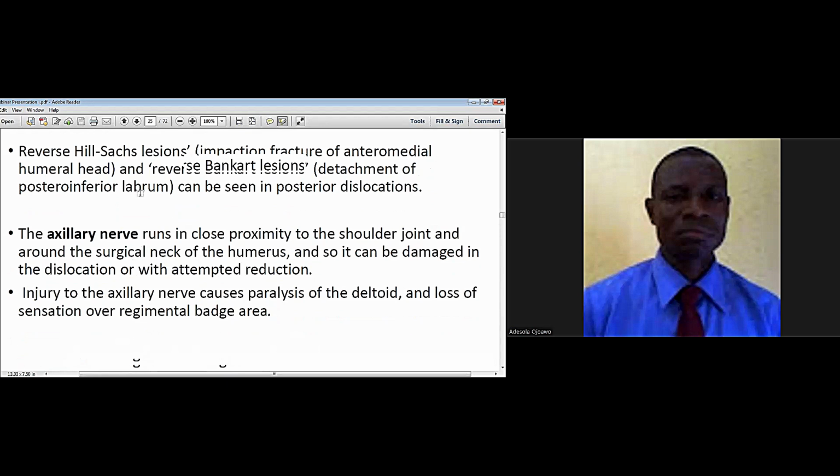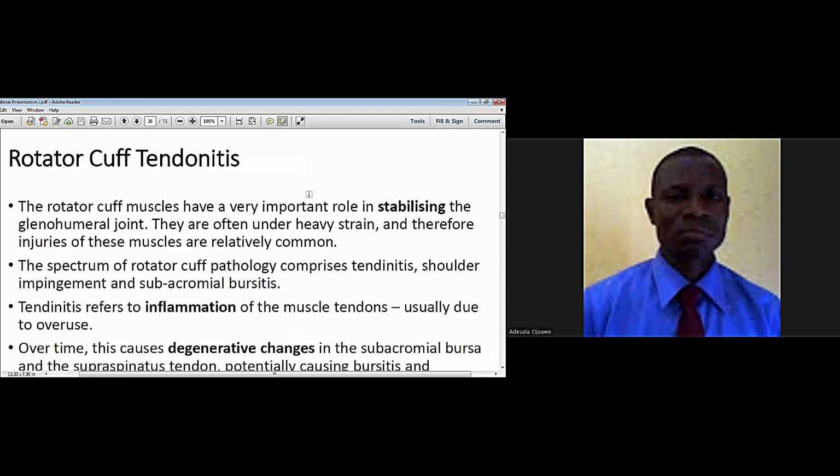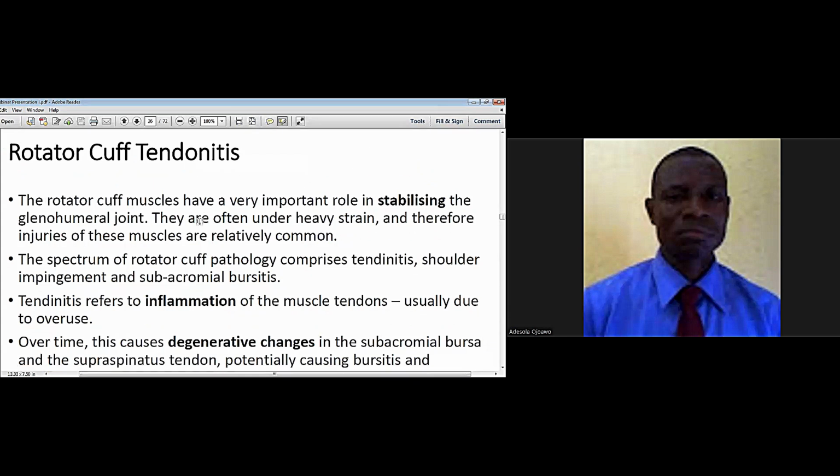Right? We have here the rotator cuff muscles and tendinitis. There can be inflammation of the rotator cuff muscles. This may result from overuse. It may cause degeneration, as well as affect the subacromial bursa.